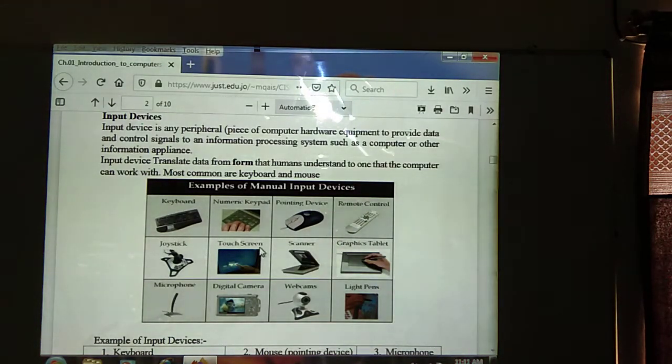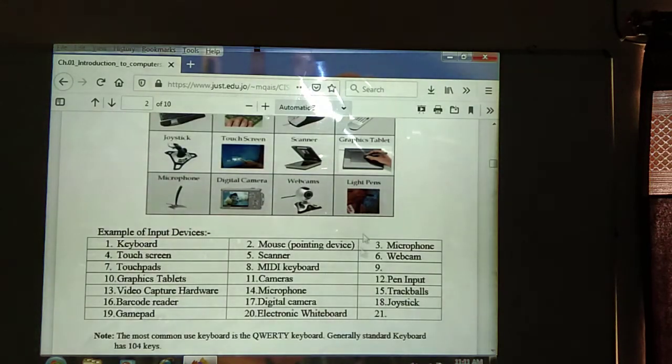By using a remote control. How is it operated? Infrared light is available, and through that we operate the remote control. Next, joystick, touch screen, scanner, graphics tablet, microphones, digital cameras, webcams, then light pens. These are all related to input devices.